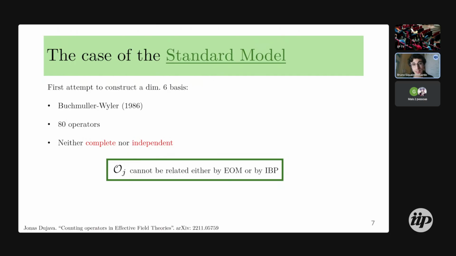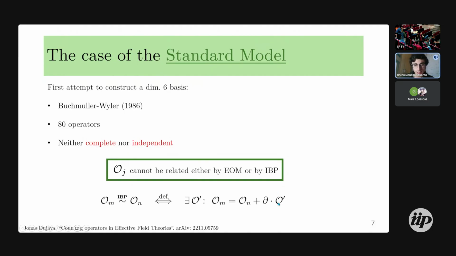The first one is the equation of motion redundancy, and the integration by parts redundancy. The equations of motion are relations that you can express. You can relate two operators by using this transformation here, employing equations of motion.